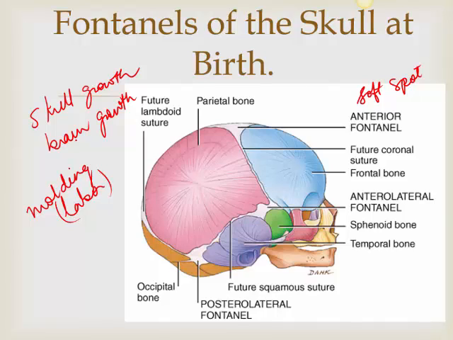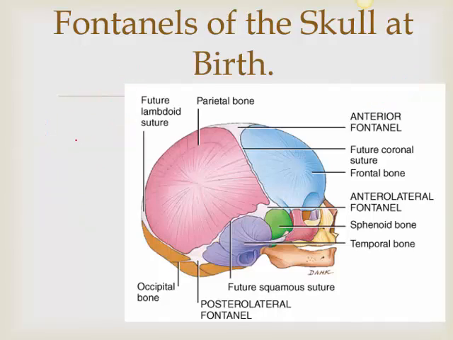One of the things we can use as physicians, because of the presence of fontanelles, is this: if a child is dehydrated, because inside the brain, and covering the brain on the outside also, you have a fluid called cerebrospinal fluid, the amount of fluid decreases. So the fontanelle will be depressed.